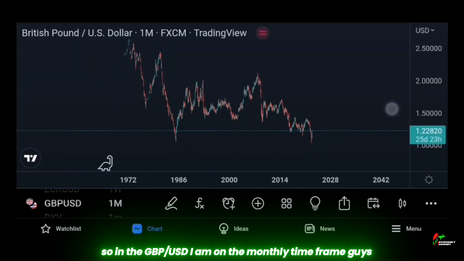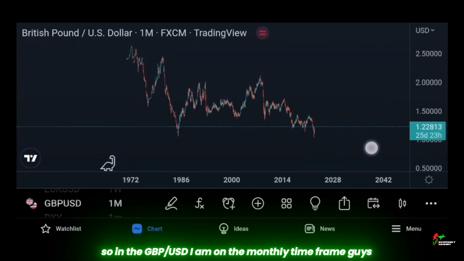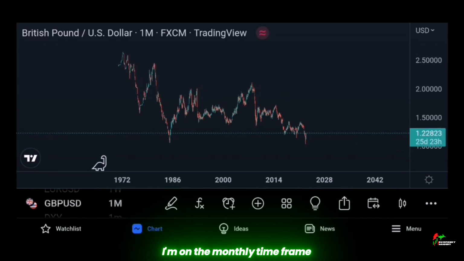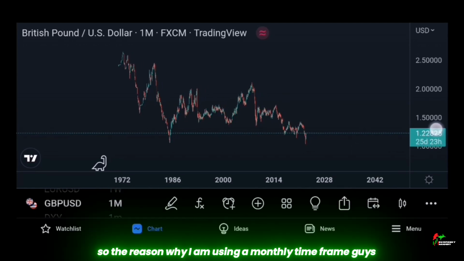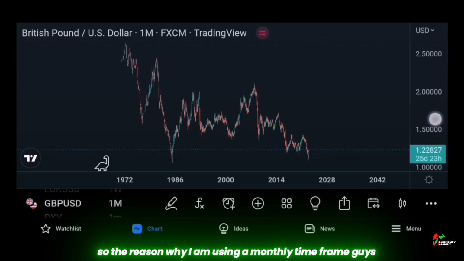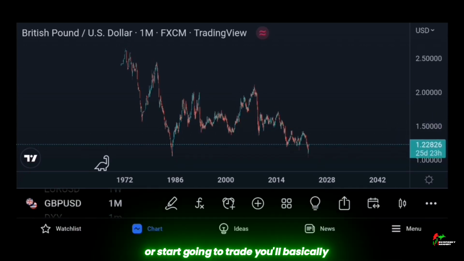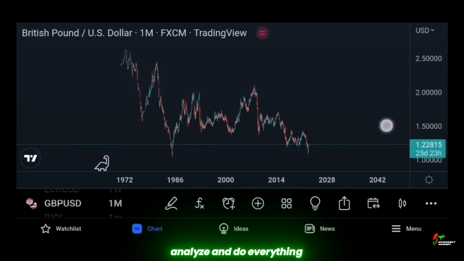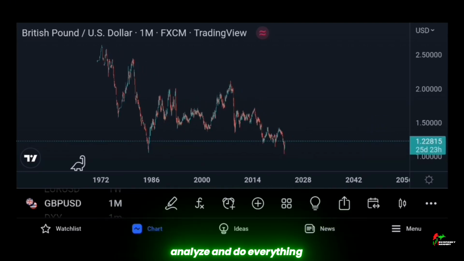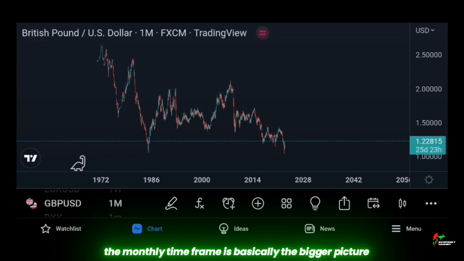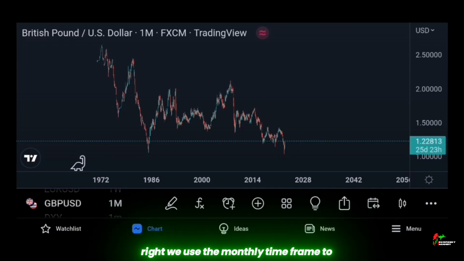In the GBP USD, I am on the monthly time frame, guys. The reason why I am using a monthly time frame is that when you start to trade, I don't want you to analyze and execute everything on the monthly time frame. The monthly time frame is the bigger picture, right?